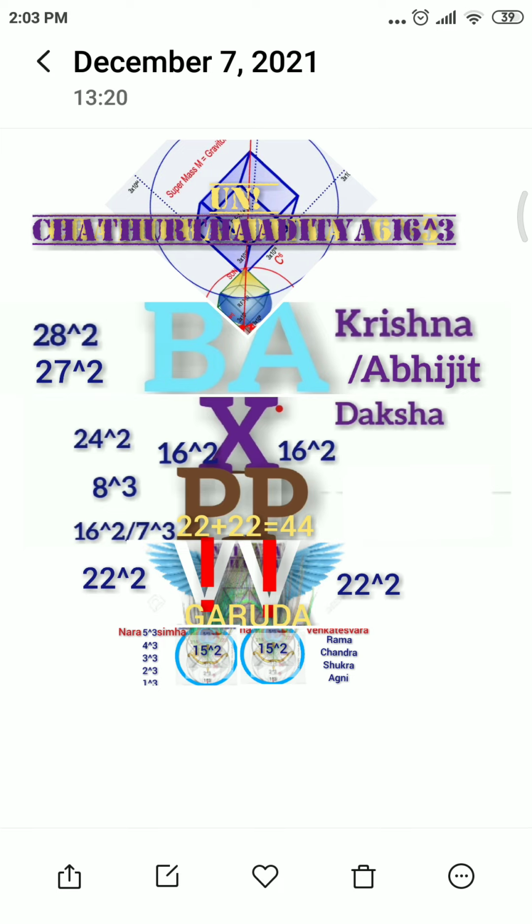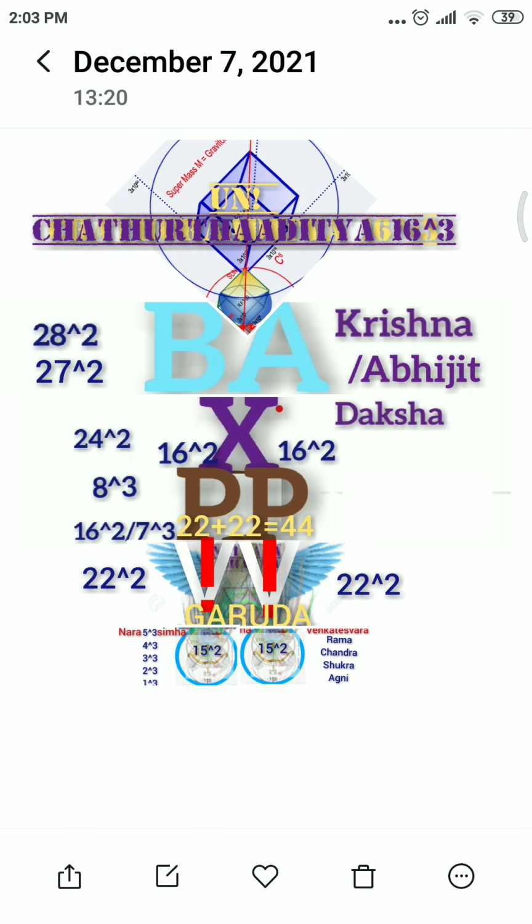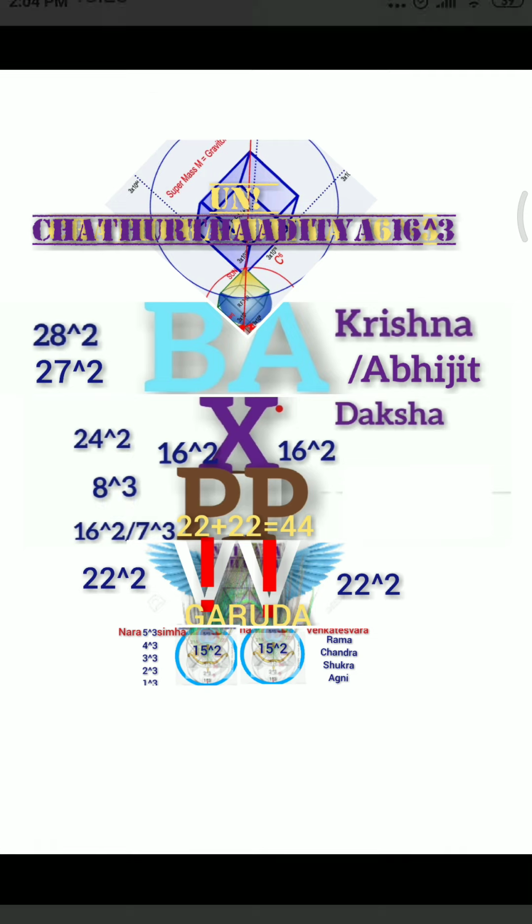Here we have this 8 cube. 8 cube is represented by two P's. P is basically 16 square, 256 plus 256, 8 cube. The 8 cube divides into two P's.